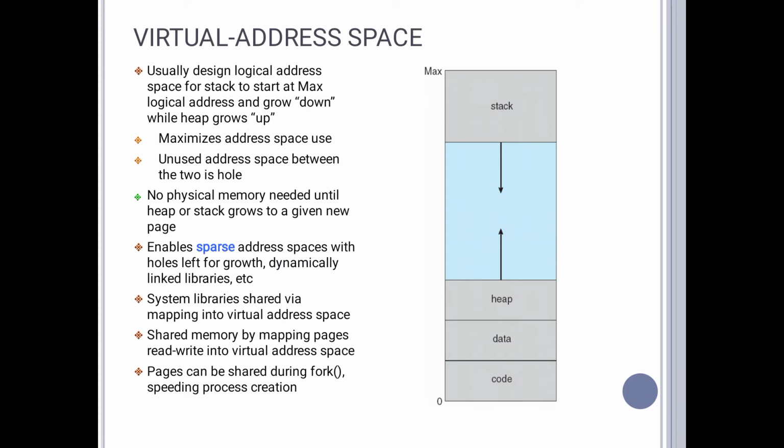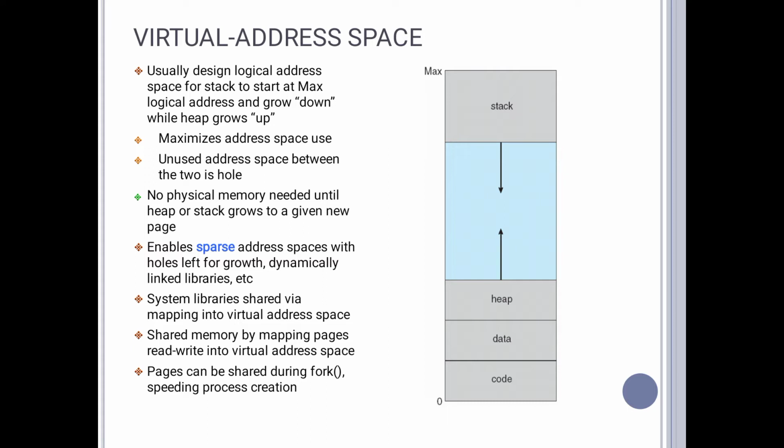Usually the virtual address space allows the stack to grow downward in memory through successive function calls. The large blank space or hole between the heap and stack is part of the virtual address space, but it will require actual physical pages only if the heap or stack grows.